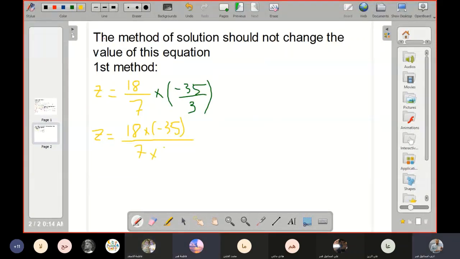If I forget the minus, this means that I'm changing the value of this equation, and it will be wrong.